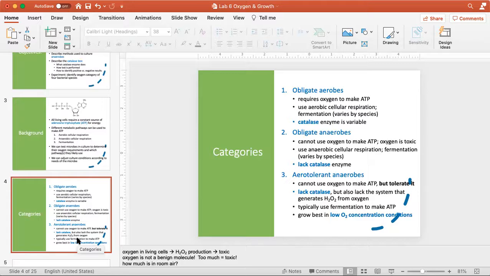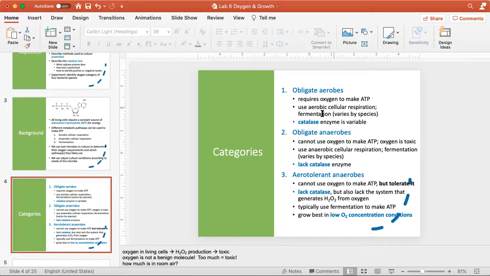Obligate aerobes are the category that humans belong to. An obligate aerobe is an organism that requires oxygen, again, in order to make ATP. Oxygen serves as the final electron acceptor at the end of the electron transport chain during cellular respiration. Now, obligate aerobes use aerobic cellular respiration as their primary way to make ATP, but many of them can also use fermentation.